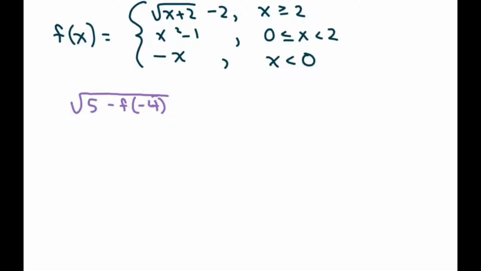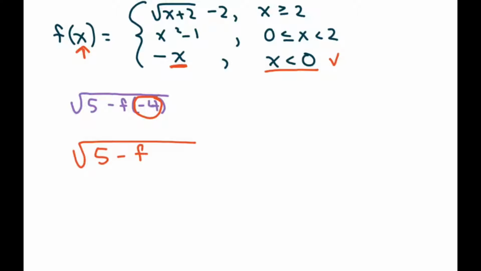Now the second one is this one. So we've got to find where we have negative 4 in our domain for x. And that one is going to be in this third piece. So we're going to plug that negative 4 into that. So we're going to get the square root of 5 minus f of negative 4.